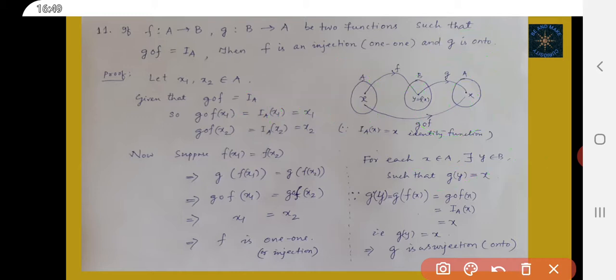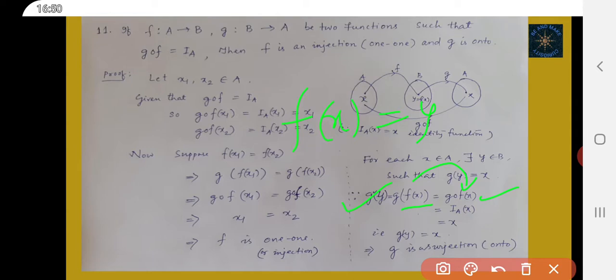So here g of y is equal to, you can write g of y is what? y is f of x. So you can write g of f of x, and this can be written as gof of x.